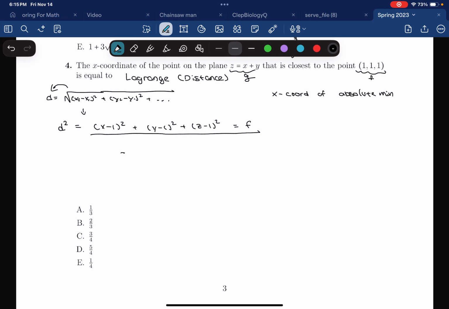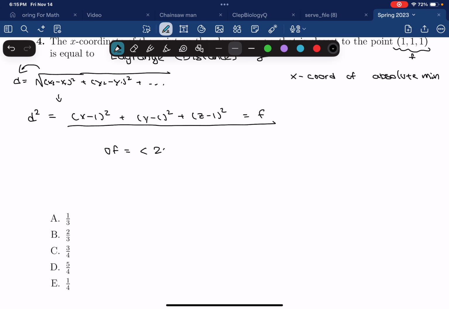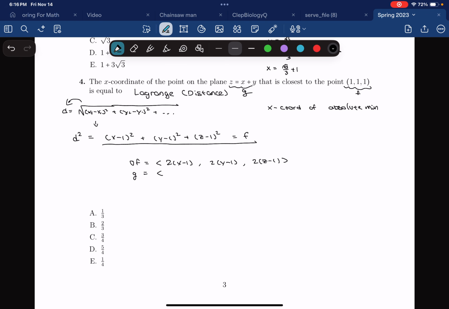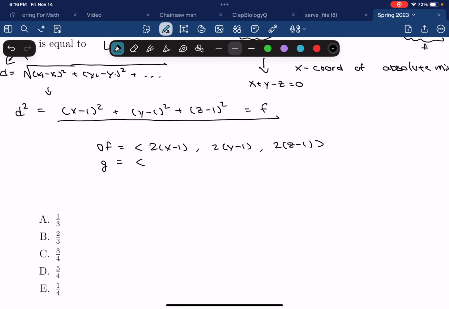Let's take the gradient of f, which in this case is 2x minus 1, 2y minus 1, 2, whoops, that should be a 2, z minus 1. And for g, let's convert it to x plus y minus z equal to 0. The gradient will just be 1, 1, negative 1.